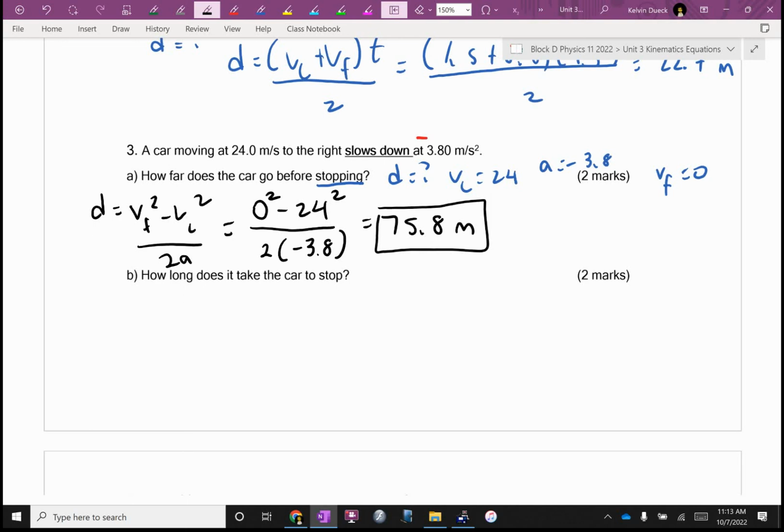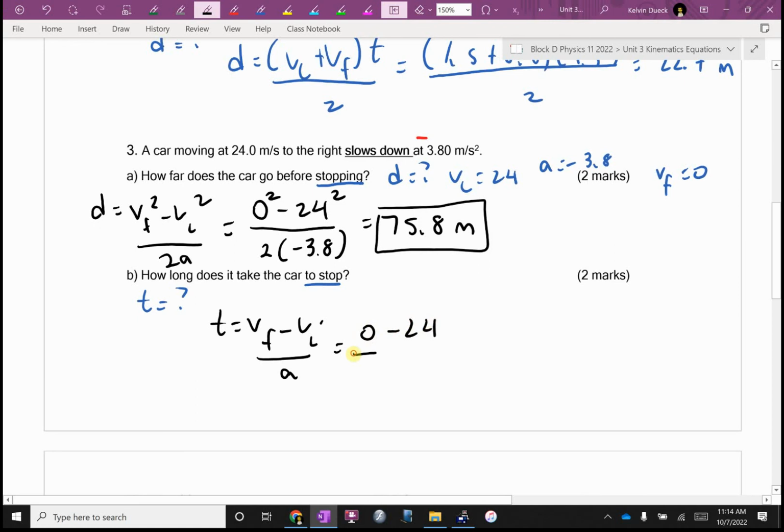Gibson, what's B asking me to find? Yeah, and I didn't relist everything. I did notice again, stop, VF is 0. I'll see if I can find time. Can you write me an equation for time that also has a VI and A and a VF? And if possible, could you get the T by itself, please? So it's going to be 0 minus 24 divided by negative 3.8.